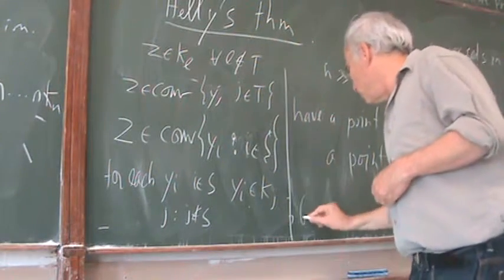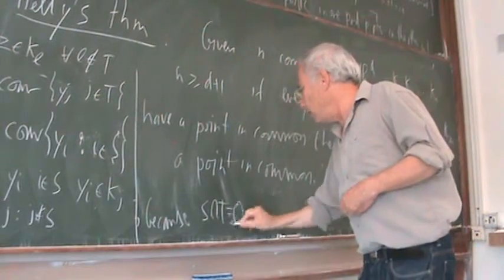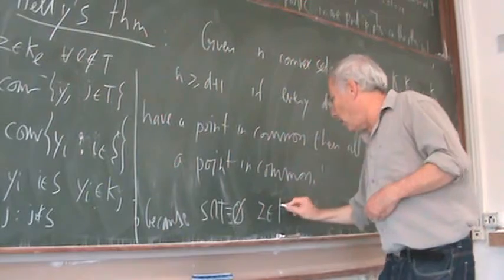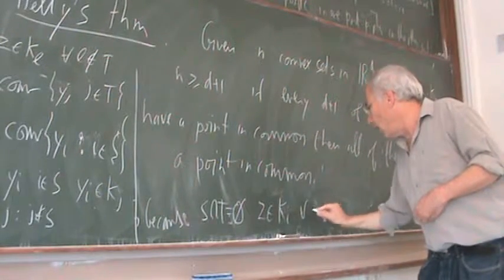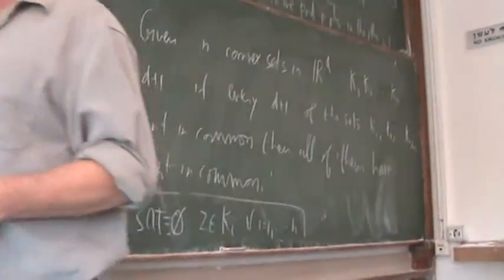And because S intersect T is empty, Z belongs to Ki for every i. So this is the end of the proof of Helly's theorem.